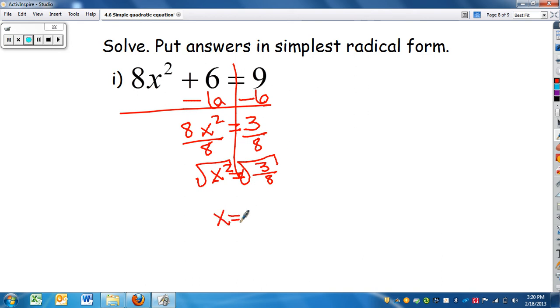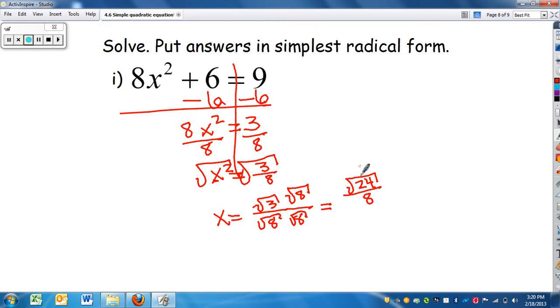So x equals square root of 3/8. So I can write that as square root of 3 over square root of 8. Split it up. Have a root in the bottom. Neither one of these are perfect squares. So I'm going to multiply by square root of 8 on top and bottom. I get the square root of 24 over 8.